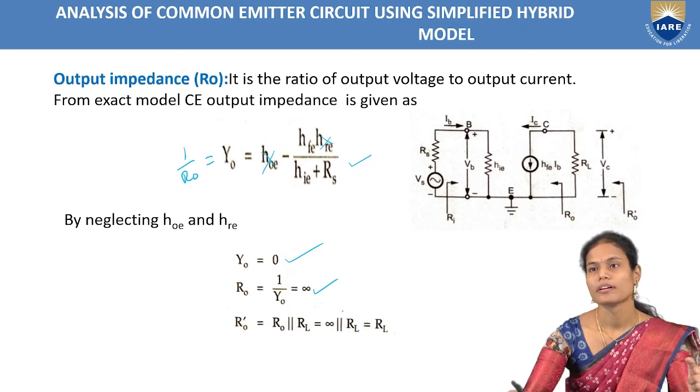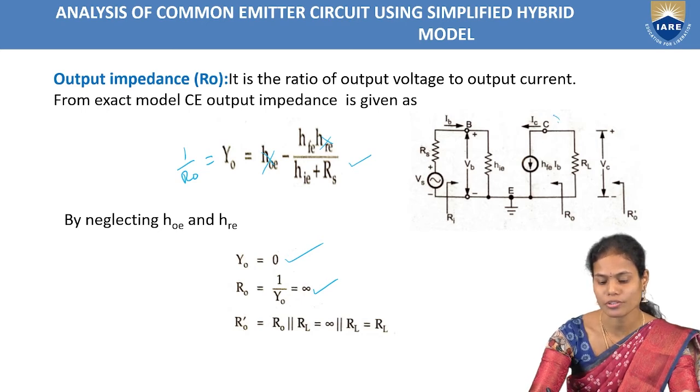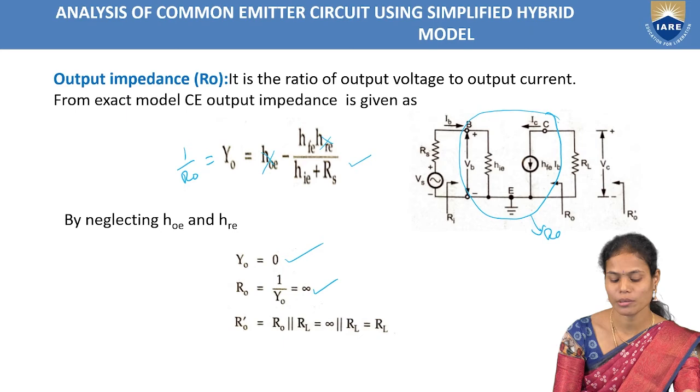But this output resistance R0 is for only the hybrid circuit, but for the overall circuit, if you calculate the output resistance, that one I am taking here as R0 dash.